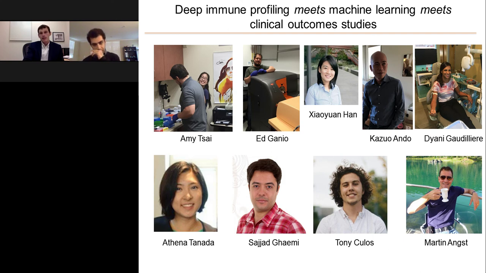So Amy Tsai, Ed Gagnon, Xiaoyuan, Kaz, and Diani. And then the bottom pictures are the people that are doing all the powerful bioinformatics analysis: Tadata, Sajjad, Tony, and then Martin Engs that I mentioned earlier in our presentation.